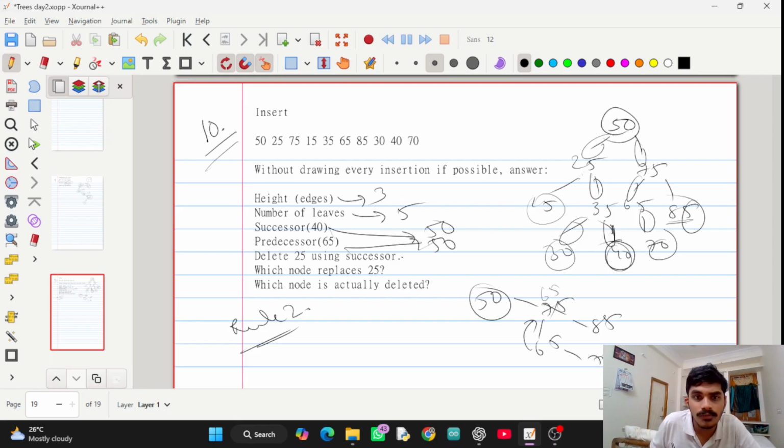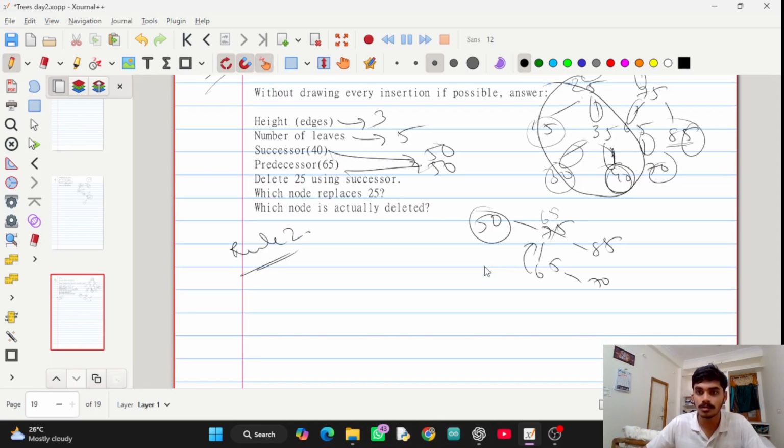Then delete 25 using a successor. Wow. So here comes the crazy part. Let us understand this part very clearly. 25, 15, 35, 40. The goal is to delete this.